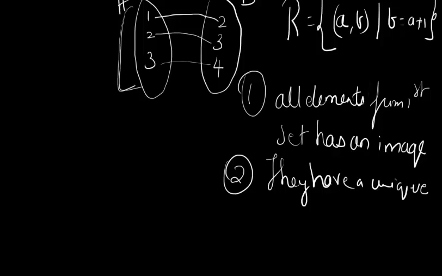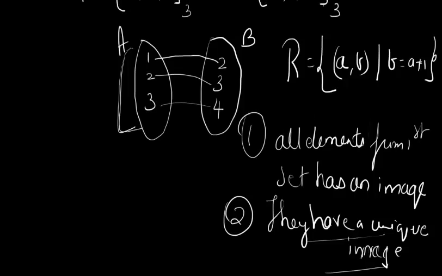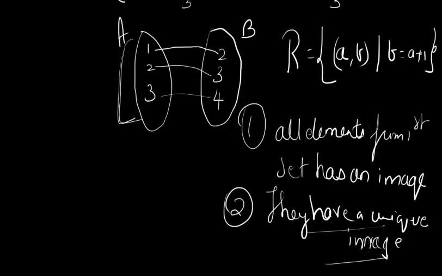Now for you to understand what this actually means, we need to look at more examples and understand this particular sentence in a proper way. First of all, we need to understand that a relation can become a function based on these two conditions. So a function is basically a relation itself, which becomes a function based on the conditions mentioned here.